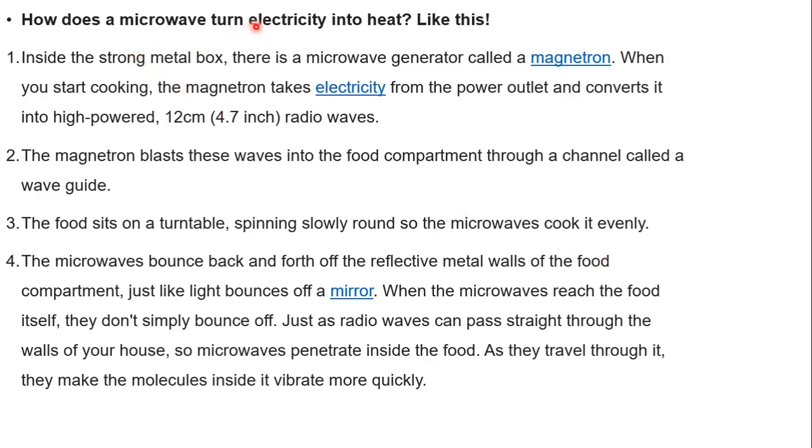How does a microwave turn electricity into heat? Inside the strong metal box, there is a microwave generator called a magnetron. When you start cooking, the magnetron takes electricity from the power outlet and converts it into high-powered 12 centimeter (4.7 inch) radio waves.